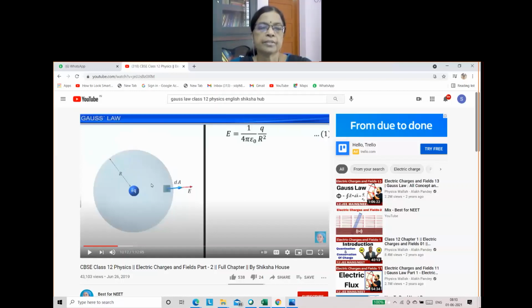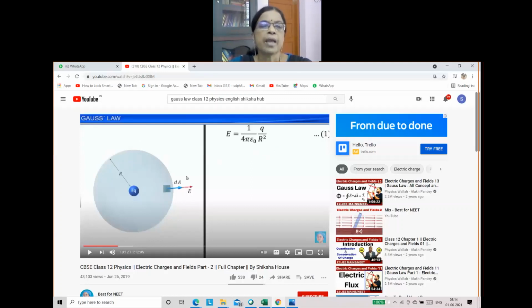And why do we consider a sphere? Because at equal distance from the charge, at all points, electric field intensity will be the same because of this formula. At all points on the sphere, electric field intensity is the same.